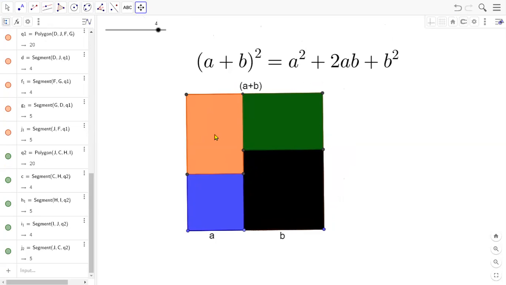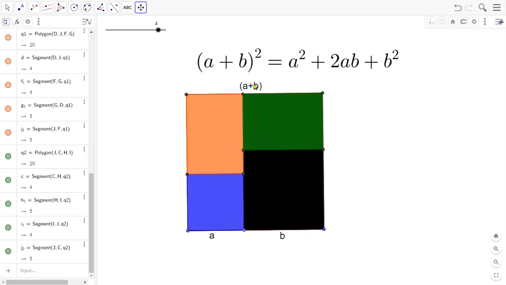This is a rectangle, and similarly this green portion is a rectangle. This black is the square having side length b unit, and this blue is a square having side length a unit. But these two are rectangles.